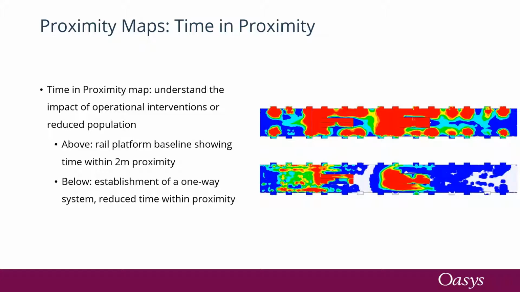So the staircase in the center of the platform is, from memory, one-way down, and the escalator and stair combination is one-way up. And so this really gets to the heart of what MassMotion is historically used for and how it is used in different ways. And that's to really quickly be able to make either a design or process intervention and understand what the impacts of that are.